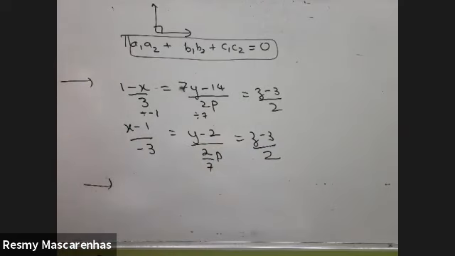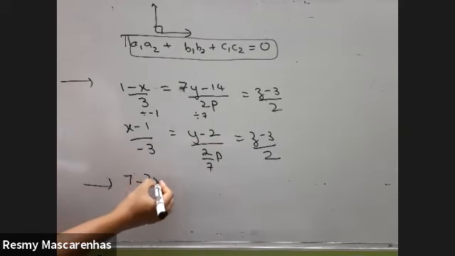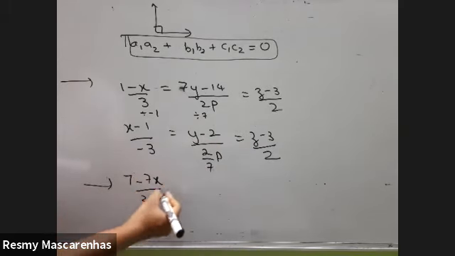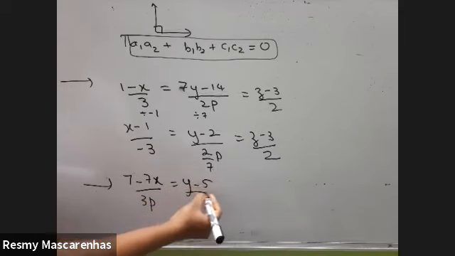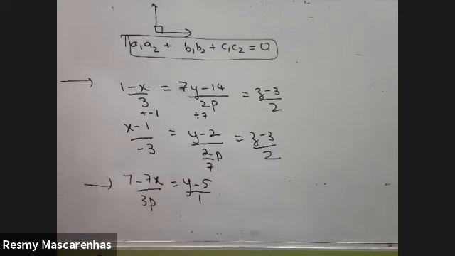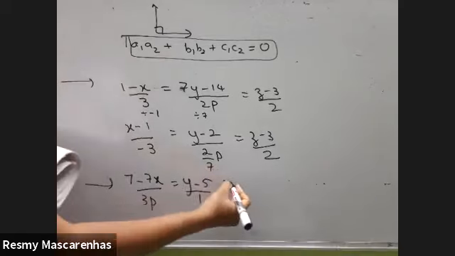Now the second line, do the same way. Y minus 5 and 6.